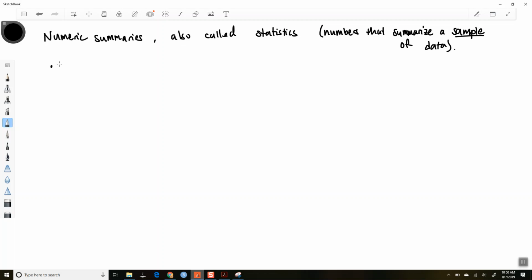I'm sure somewhere in middle school or high school you learned about the mean and the median, and those are important. So we have the mean, which we get by adding up the numbers and dividing by n.